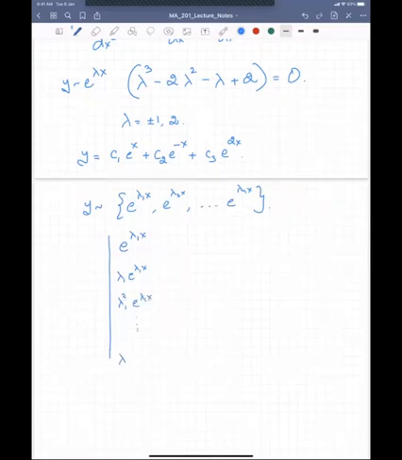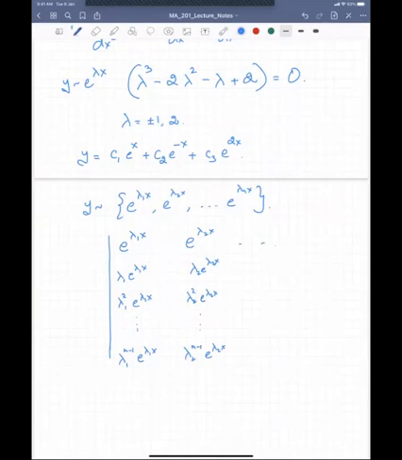And then y1 to the n minus 1, which brings down n minus 1 factors of lambda 1. And this keeps going, right? Lambda 2 squared, and then finally e to the lambda n x, up to lambda n to the n minus 1 e to the lambda n x. This would be your Wronskian.